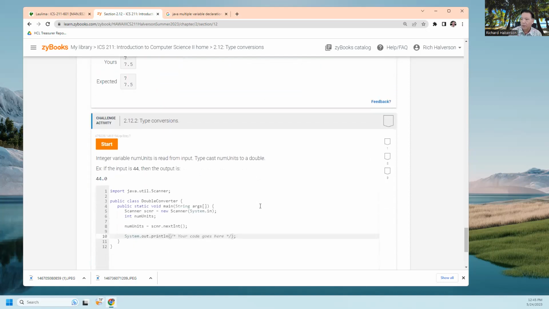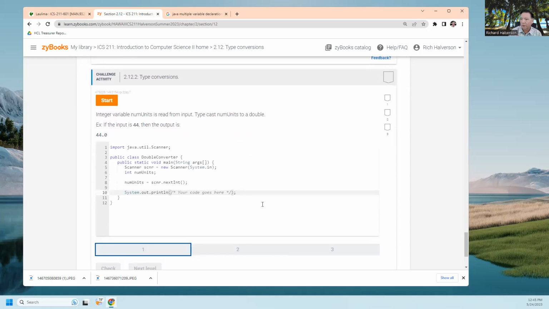All right, so what's this one? Type conversions. Integer variable num units is read from input. Typecast num units to a double. So we read this thing in, oh, okay.